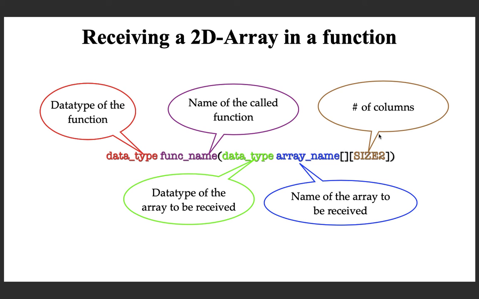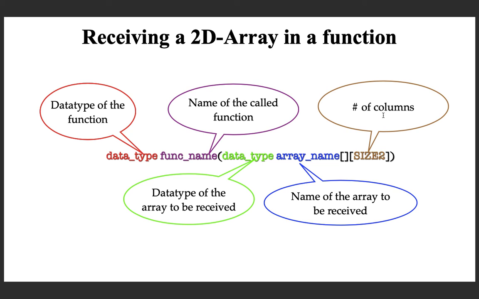So that is the syntax, and I am leaving the following as a search exercise for you. Find out why the column size is required, and how it knows how many rows are there. If you are interested, search the internet and try to find why it is so.